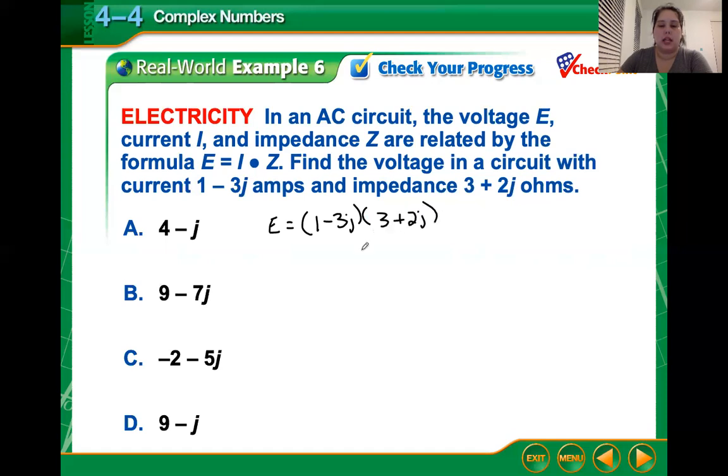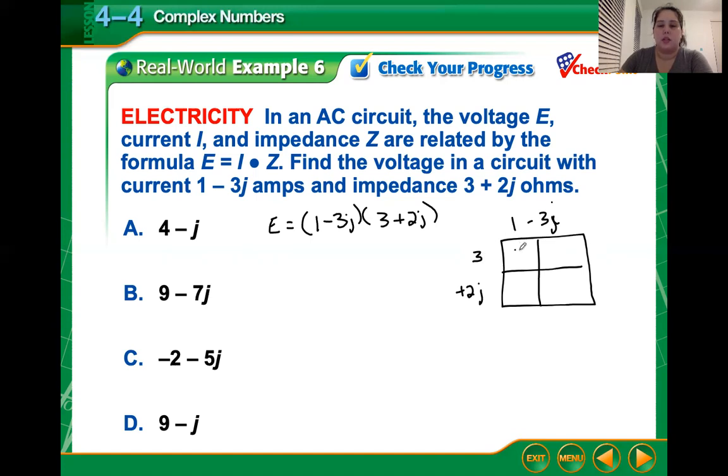Again, we're treating J like i. So I'm going to go ahead and set up my box. So I'm going to do 1 minus 3J and 3 plus 2J.